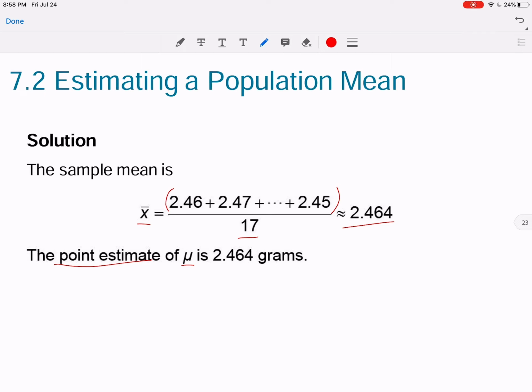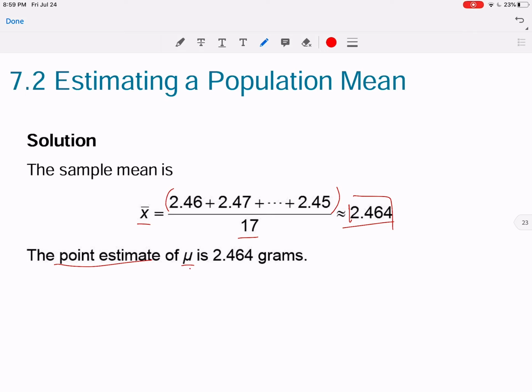Based on what I mentioned in the previous lecture video, once we have the point estimate, we are not able to say that we are 100% sure that the population mean mu is equal to that.